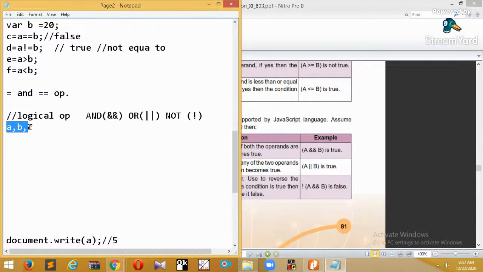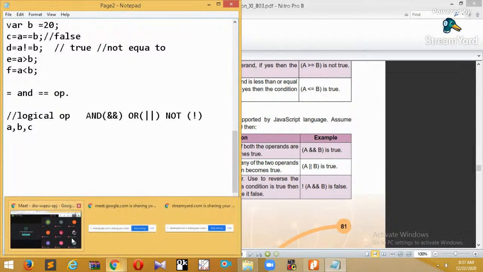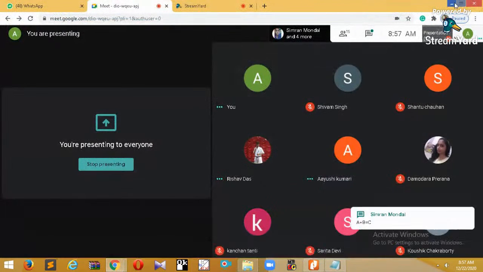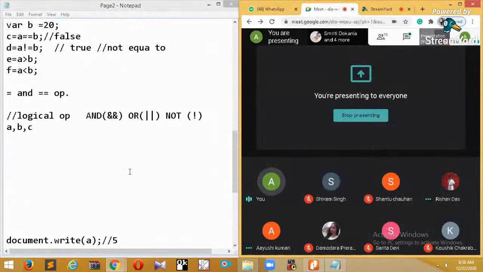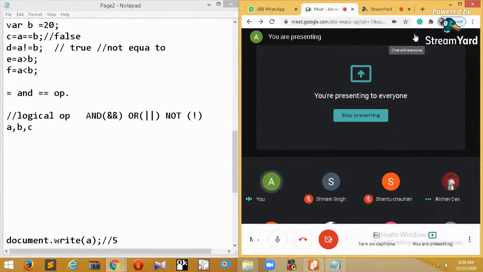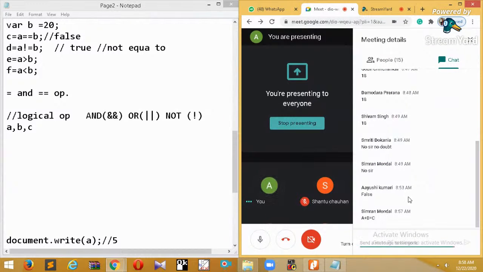Normal mathematics logic. You are in class 11, you have done it in class 10. Simple concept. Anybody? Ayushi, tell. Simran, you are correct, but partially correct. Quite one mistake you have made. Anybody?